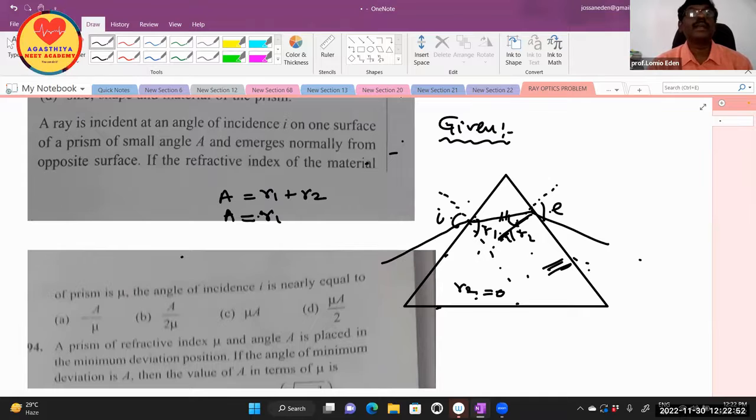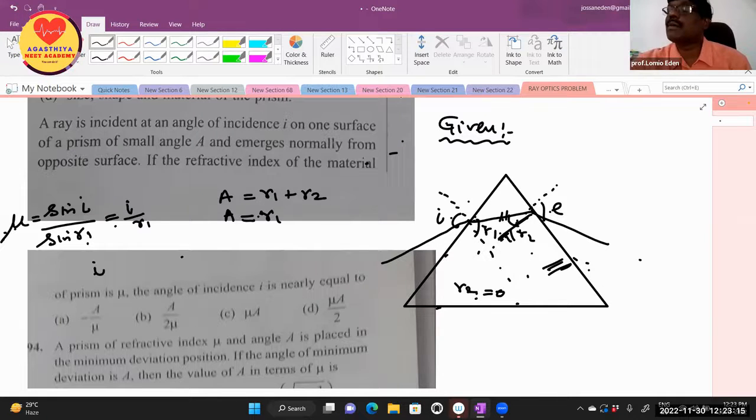Then another condition. Sin I divided by sin R1, let it be I by R1. They're asking I. Let us neglect the sin, the value is approximately equal to mu into R1.